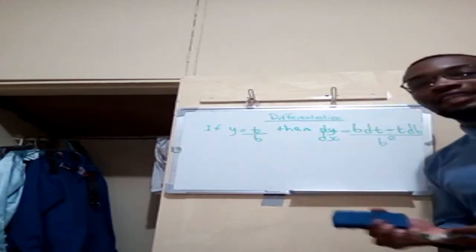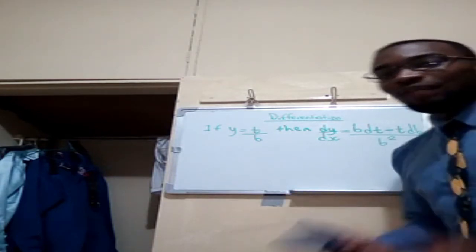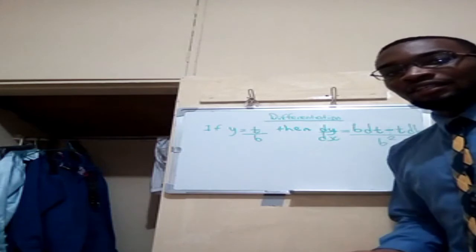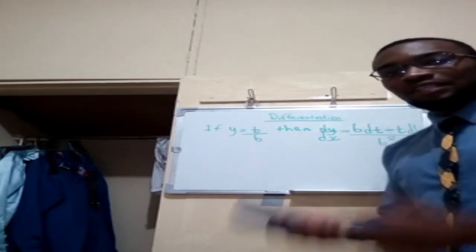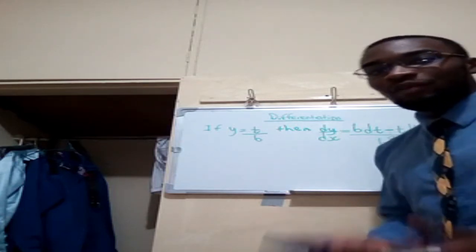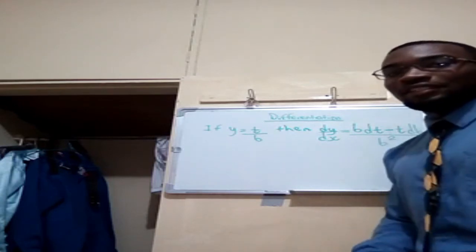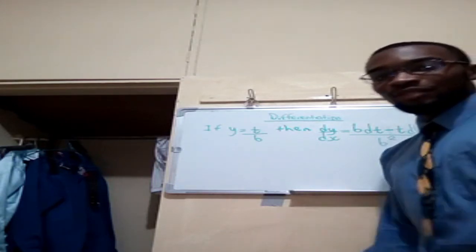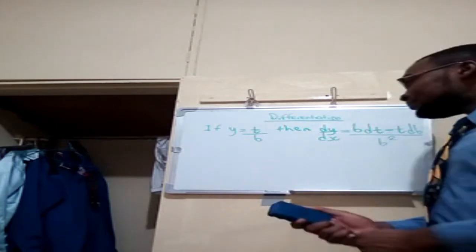So that's what I like to use to remember it. You start with the bottom times the differential of the top minus the top times the differential of the bottom over the bottom square. So you start with the bottom and you end with the bottom square. It's a funny, nice, and easy way to remember it. That's the quotient rule. Easy.